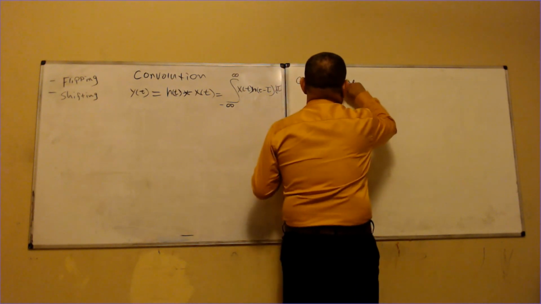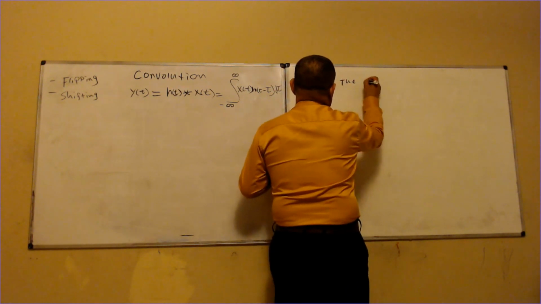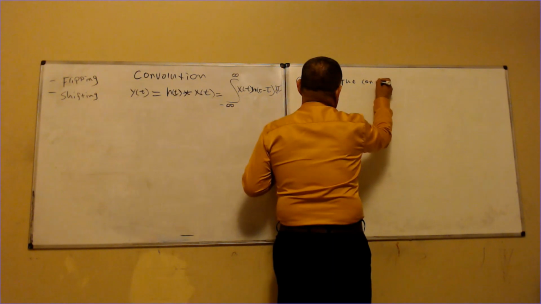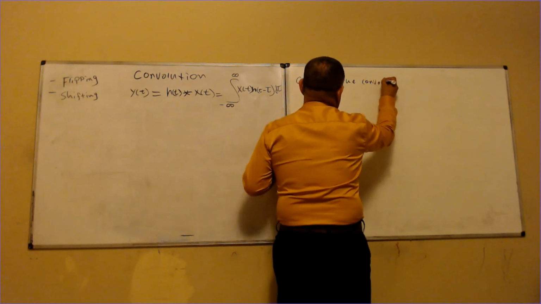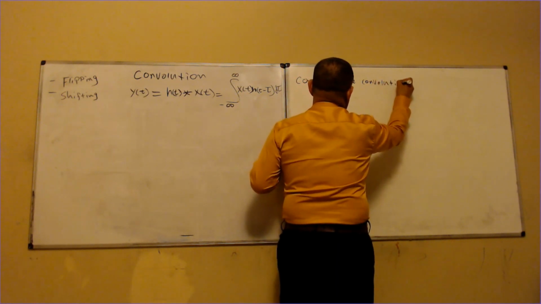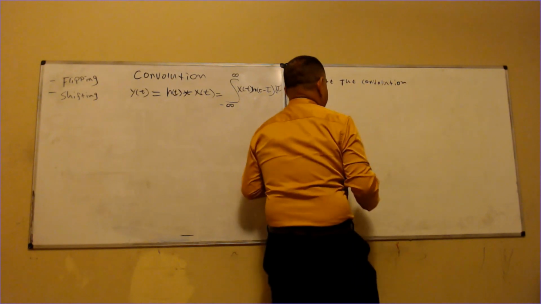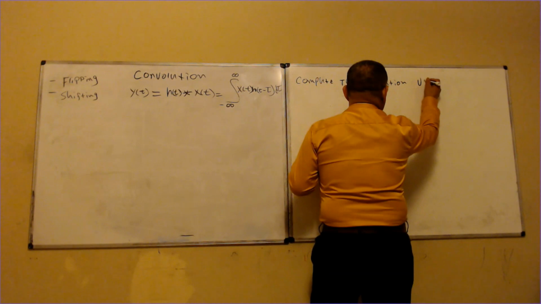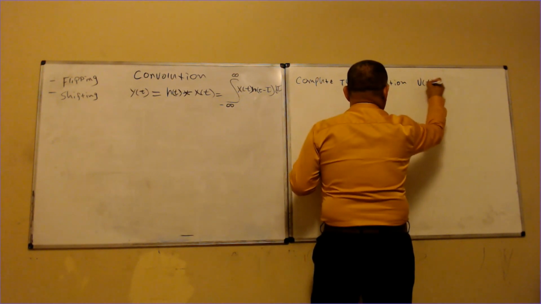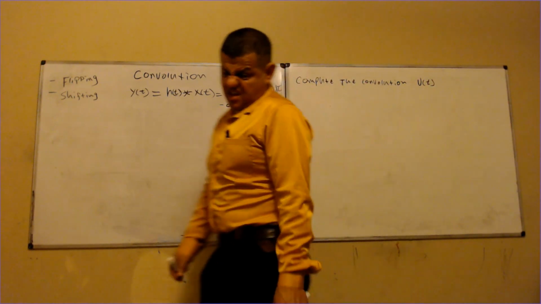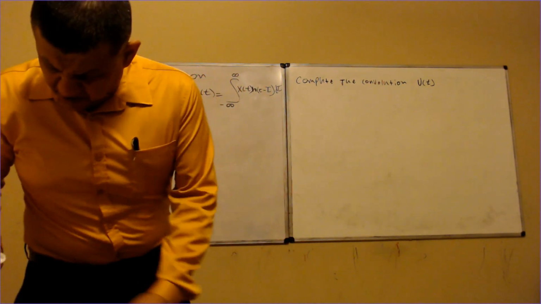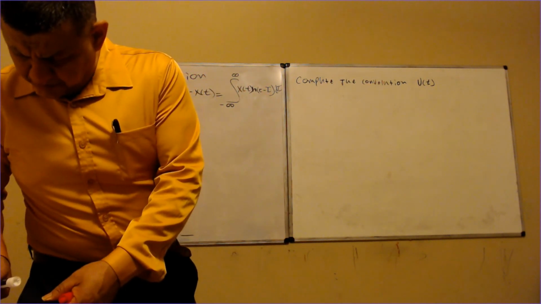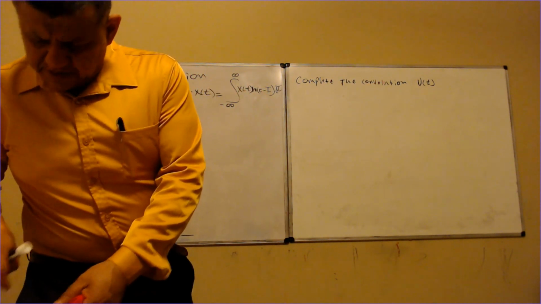Compute the convolution of, the book uses this letter, b of t, and x of t.